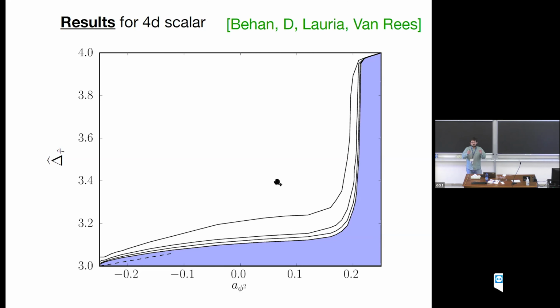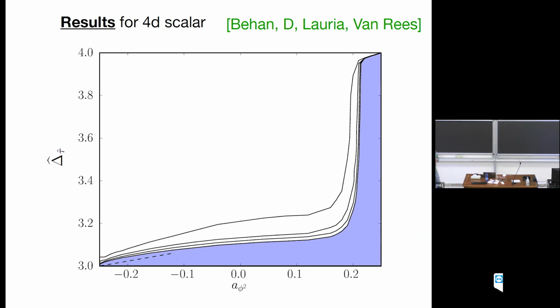I should also say that on this end of the plot, we have Dirichlet, and on this other end, we have Neumann. One thing that could have happened is that we could have found that the bound completely shrank all the way to 3, which would have meant that basically there is nothing allowed.